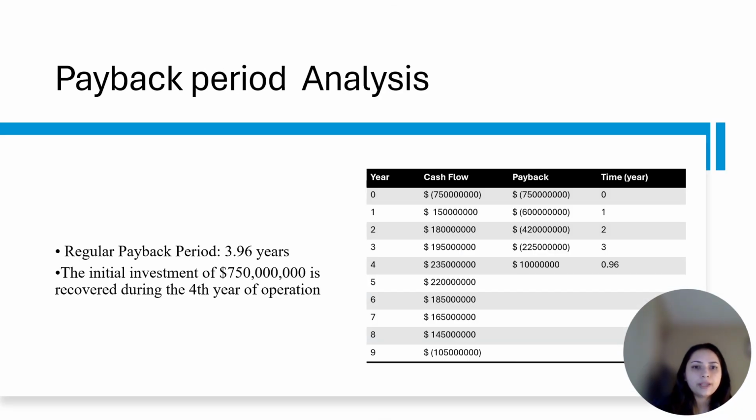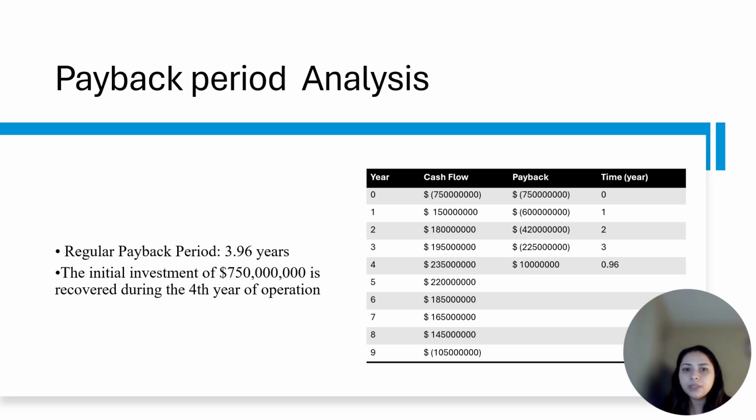So the next one is payback period analysis. Payback period analysis means when we will recover our investment. From this data, we find that the investment will be recovered in 3.96 years, which means almost 4 years. For this calculation, I used the cumulative cash flows and found that the investment will be recovered between year 3 and 4.